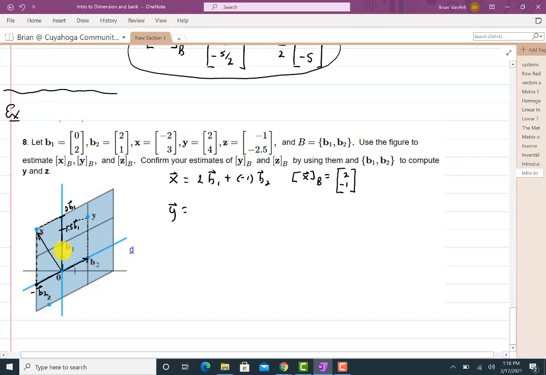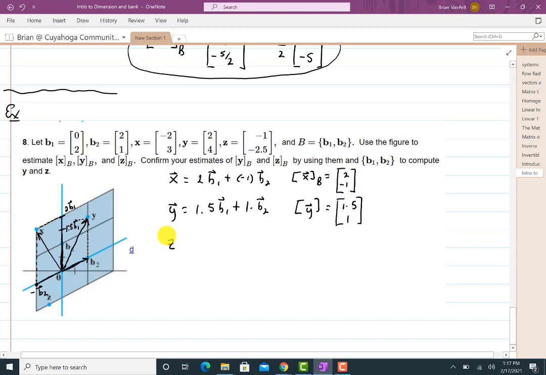If I draw this too much, my lines will get way off. So then let me draw my y vector. There we go. So what is it? 1.5 b1 plus 1 times b2. So then yb will equal 1.5, 1.